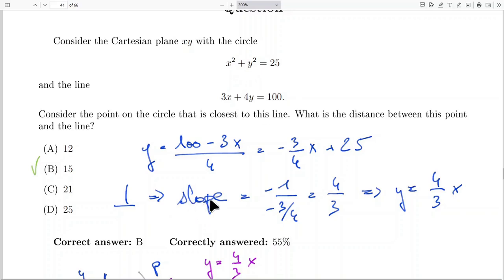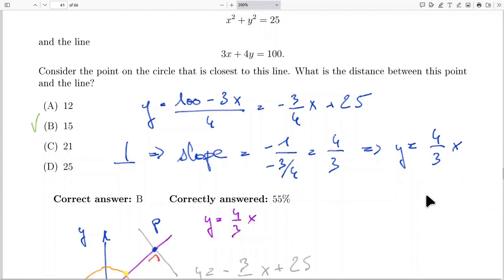So it has to be perpendicular, so this is minus 1 over minus 3/4, or 4/3. So the line of the radius will be y is 4/3 of x.